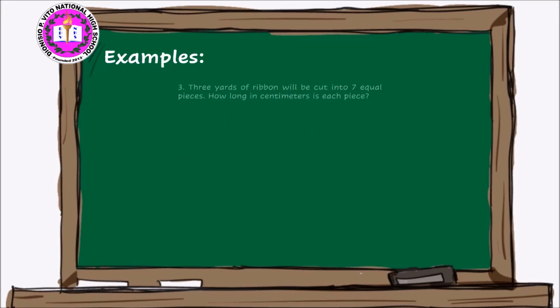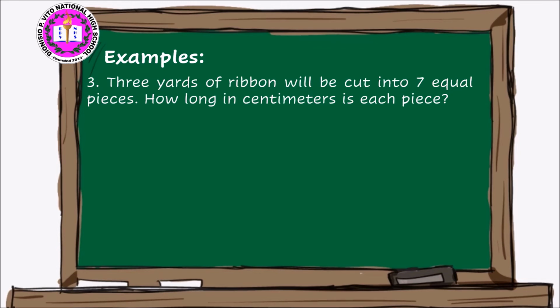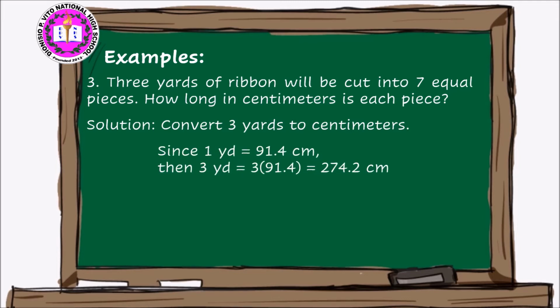Next example, 3 yards of ribbon will be cut into 7 equal pieces. How long in centimeters is each piece? So our solution, we're going to convert 3 yards to centimeters. Since 1 yard is equal to 91.4 centimeters, then 3 yards is equal to 3 times 91.4, which is equal to 274.2 centimeters.